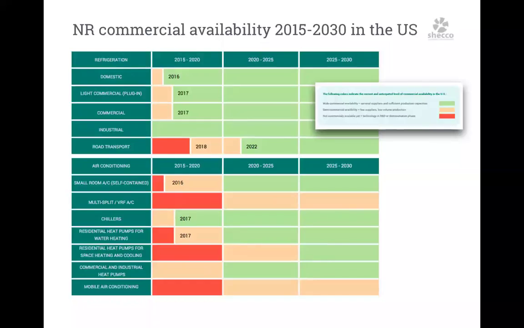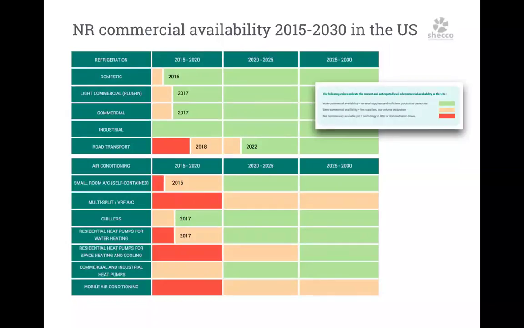We see that for domestic, light commercial, and commercial, in the next 1 to 2 years the market is going to be a mature one. There will be wide commercial availability. That's what we can expect, with several competitors on the market with sufficient production capacity.